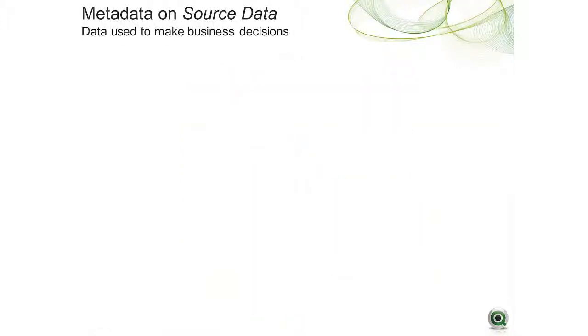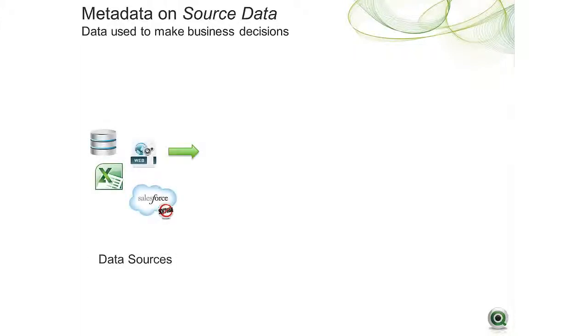The second type of metadata that can be defined in a QlikView deployment is created on top of the actual data that is used to make business decisions. This is your traditional operational or source data available from data warehouses, database tables, structured and unstructured files, host applications, and other sources.